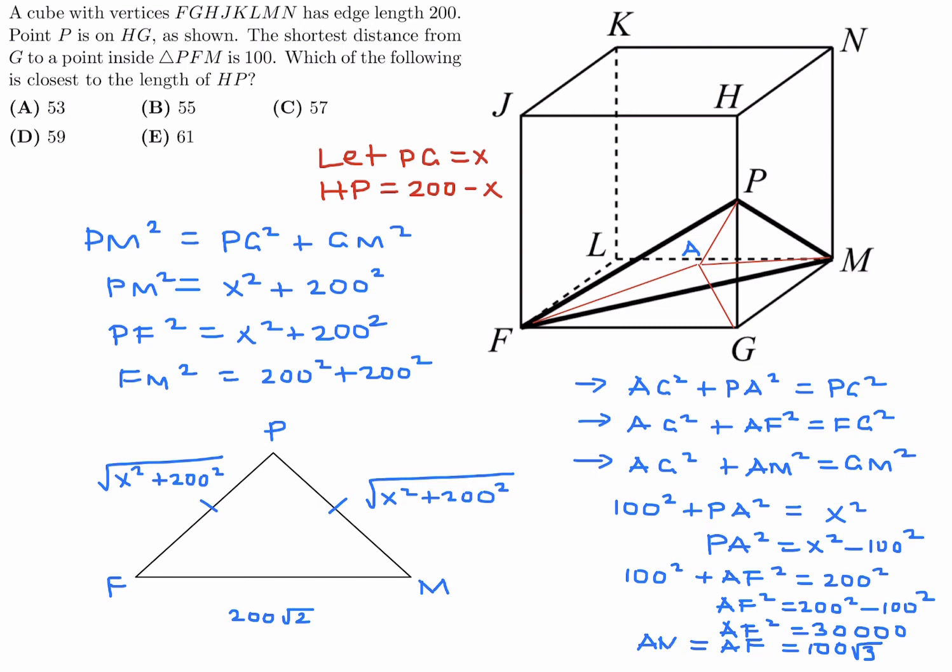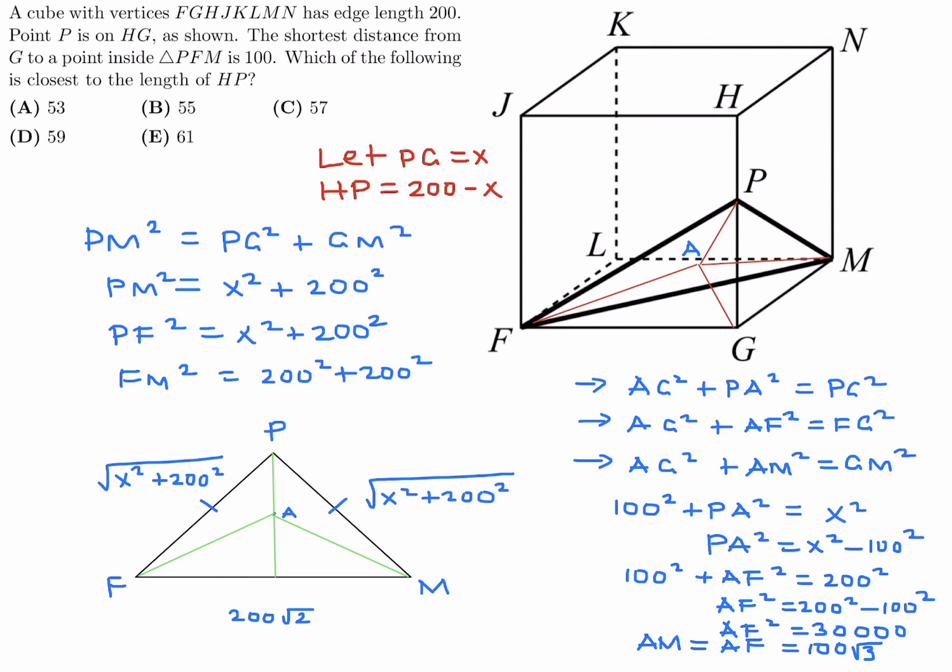Okay, so now that we've got that, we can go back to our isosceles triangle and label all this. And it is going to be straight down like this. A is going to be some point along that line. I'm not entirely sure where, but somewhere. And then we can connect two lines to show FA and AM like that.